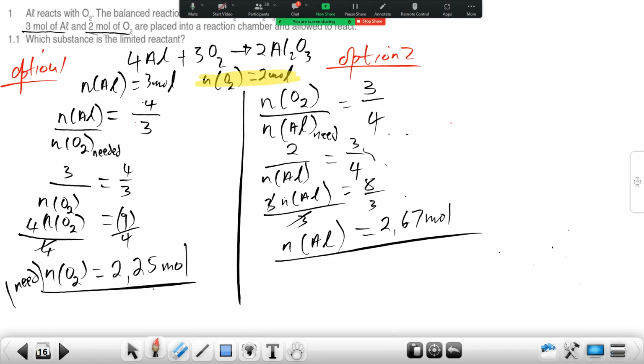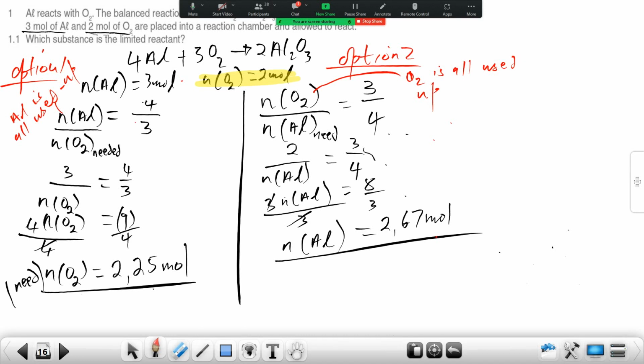With option 1, the assumption here was aluminium is all used up. That is what we need to assume. The difference here was we assumed that oxygen, O2, is all used up.